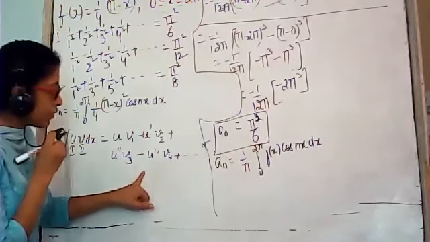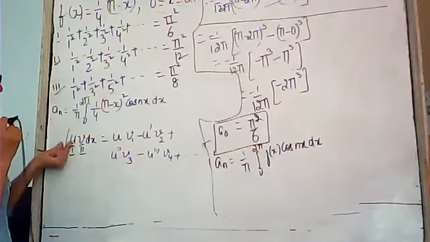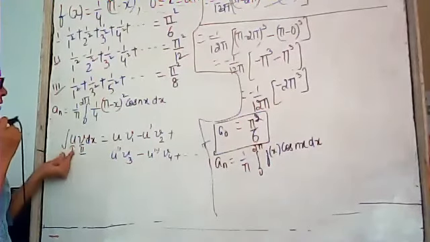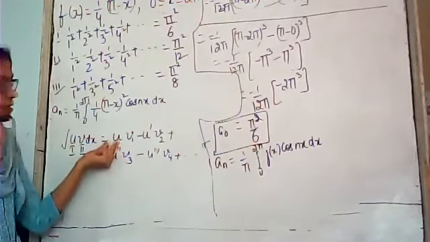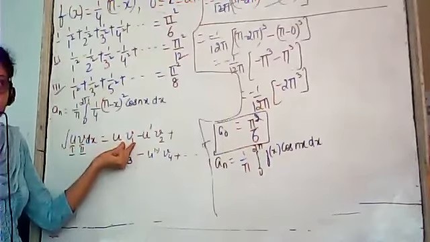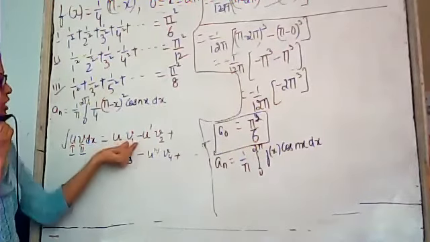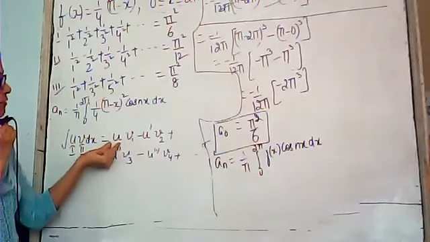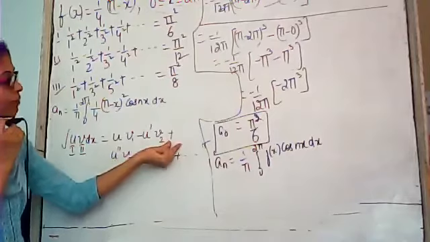Is it clear, beta? Again, I am repeating. There are two functions, number 1 and number 2. Write the first function as it is. Integrate the second function. Then it will be a negative sign. Differentiate the first function, integrate the second function. Again, it will be a positive sign.